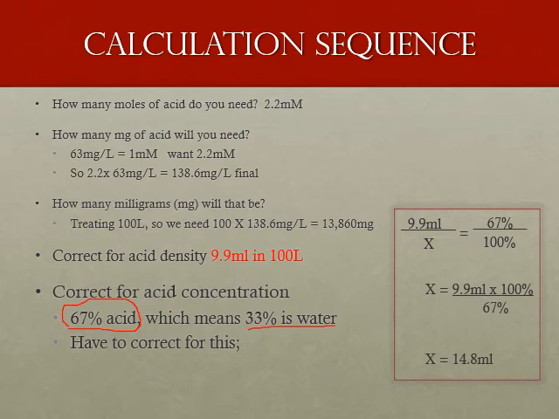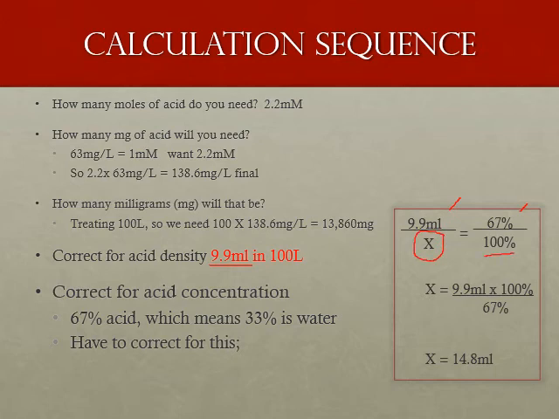So we figured out if it was pure acid, we need 9.9 milliliters. But now we have to correct for the percentage that it is. All right, and here's the math. 9.9 milliliters is 67% acid. How many milliliters would be 100% acid?